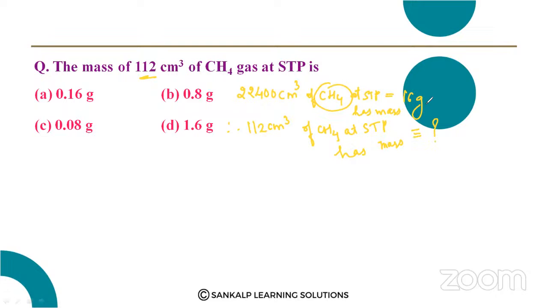It is 16 grams. So you have to find out for 112 centimeter cube of methane at STP how much? So just cross multiply. How much will you get? So 16 into 112 divided by 22,400. Just solve this and tell me the answer.